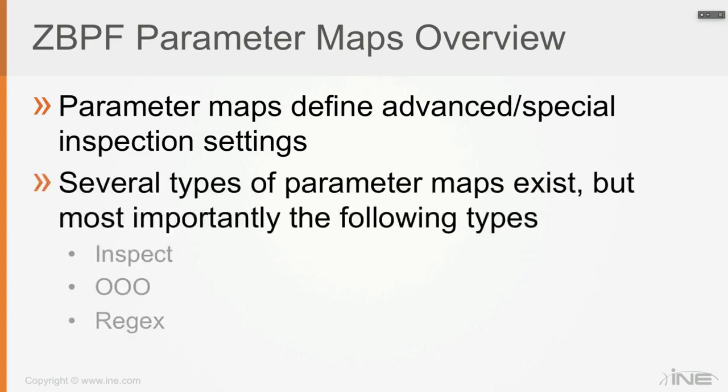There are several types of parameter maps, but most importantly, we're going to speak about the following types: the inspect parameter map type, the OOO, which stands for out of order type of parameter map, and the regex one. We're going to speak about the regex one when we go to deep packet inspection and application filtering.